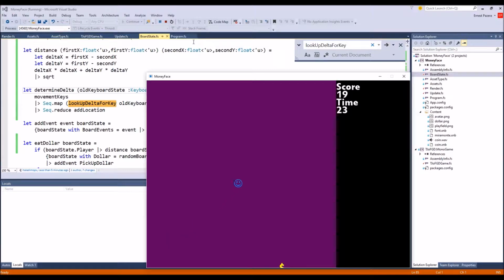Of course, the reason I was doing normalization was because this goes faster than this, up and down. So we go up and down, but this goes the same.